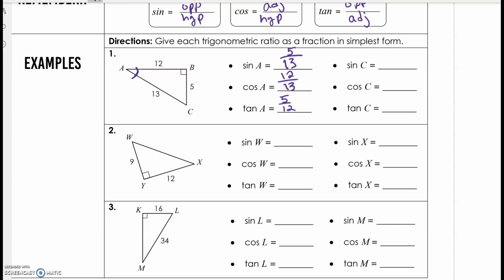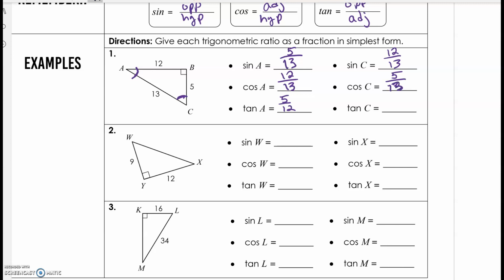The other angle that we're interested in is angle C. In angle C's case, the sine is the opposite leg length, 12, divided by 13, which is the hypotenuse. The cosine of angle C is the adjacent length, 5, over hypotenuse 13.